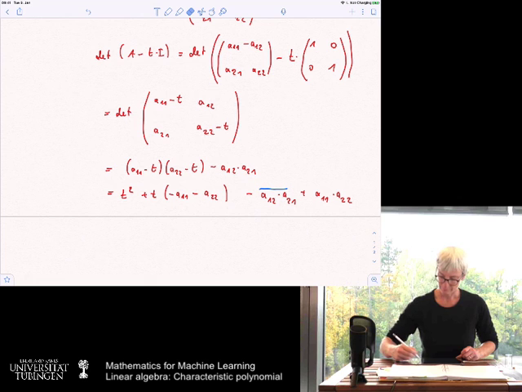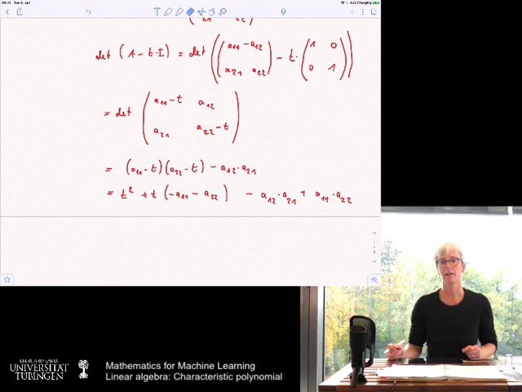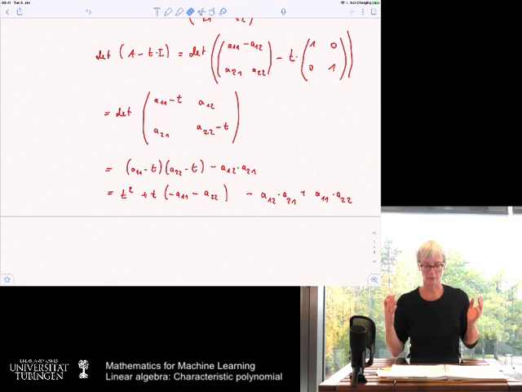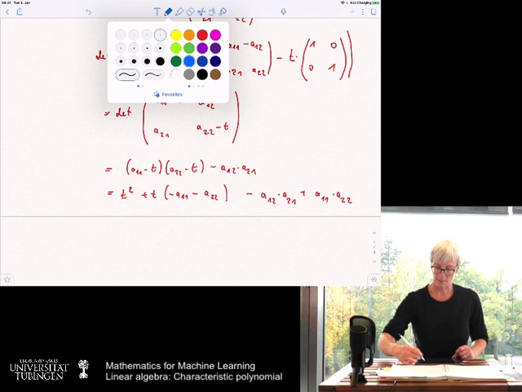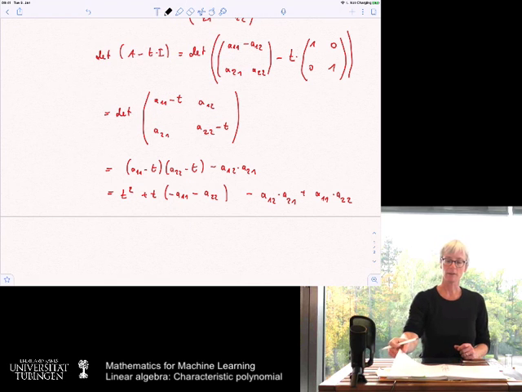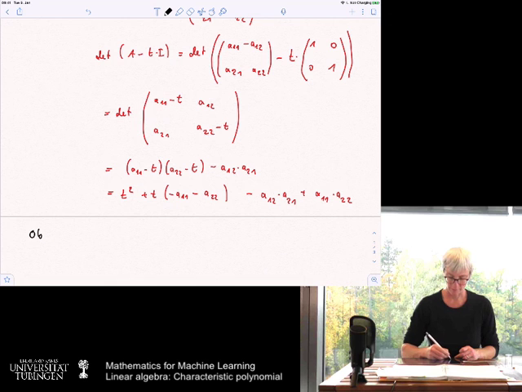Okay. So what we see here is, at least for this small example, the characteristic polynomial is really a polynomial, and the degree of this polynomial is 2, and this coincides with the size of my matrix. Okay. Now let's make a couple of remarks or observations.